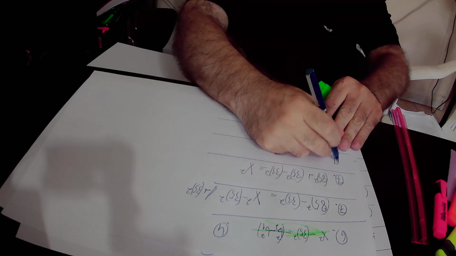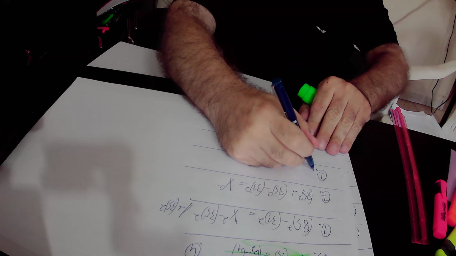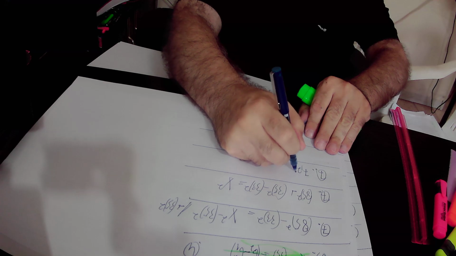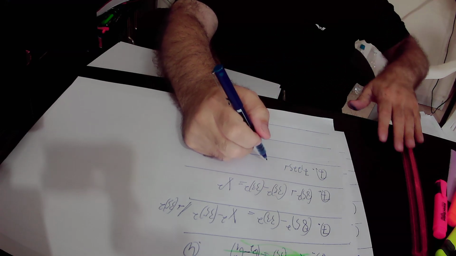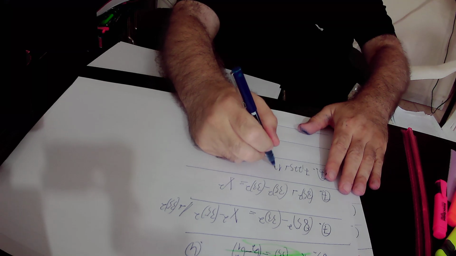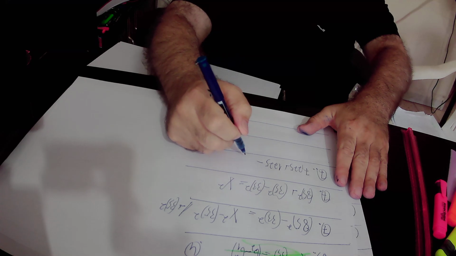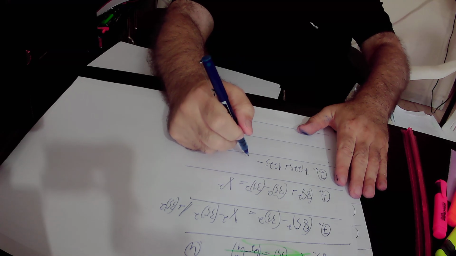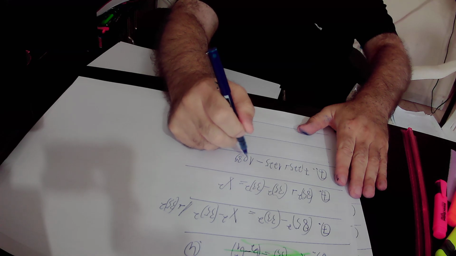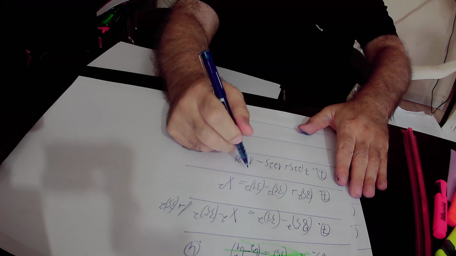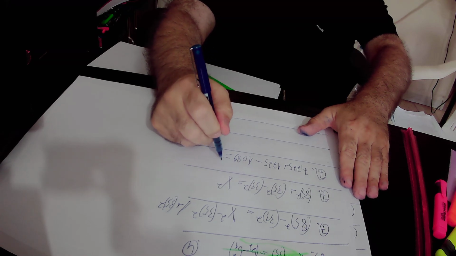So according to equation number 7, 85 squared is 7,225, plus 35 squared, which is 1,225, minus 33 squared, which is 1,089, equals x squared.